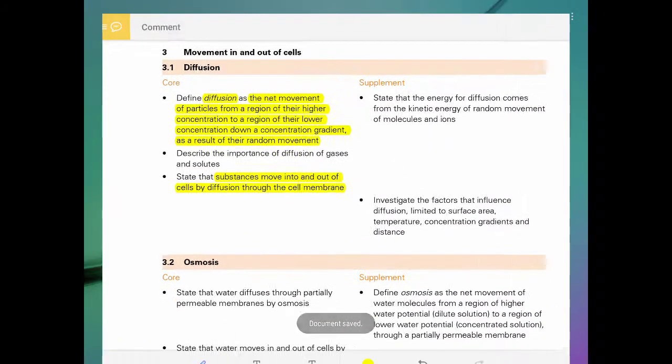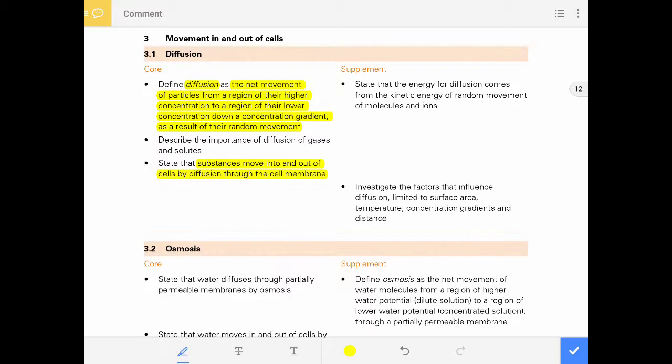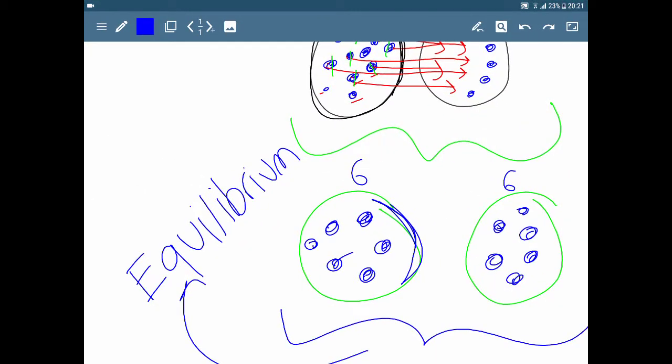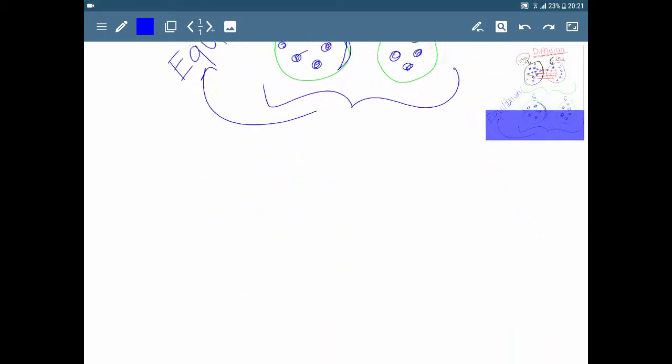Now, describe the importance of diffusion of gases and solutes.